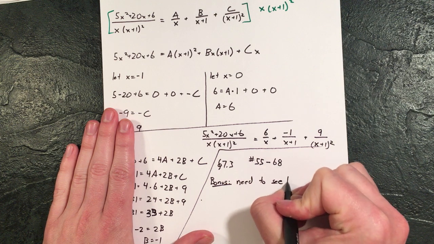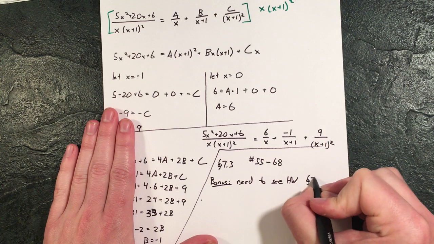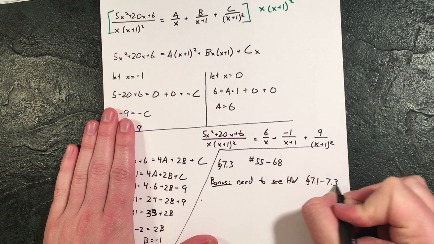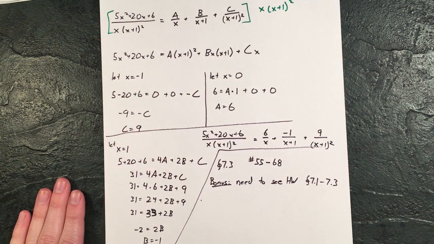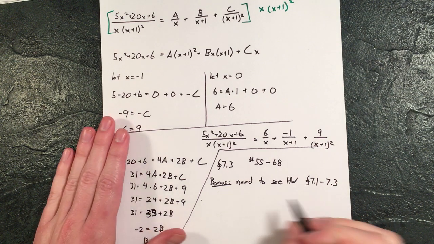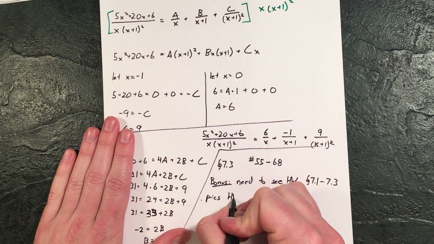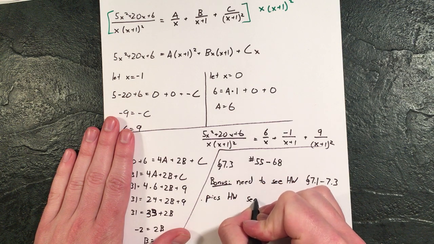However, for me to give you the bonus, I need to see all your homework from sections 7.1 to 7.3 in addition to this. The others are just what it should be. This is our new stuff. And I need pictures of the homework sent to my email.